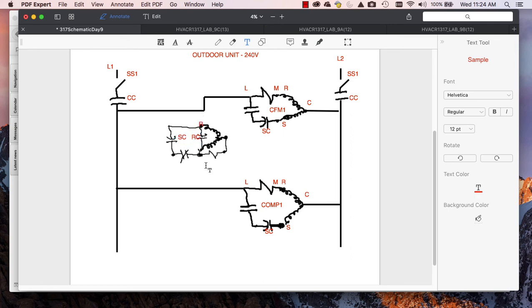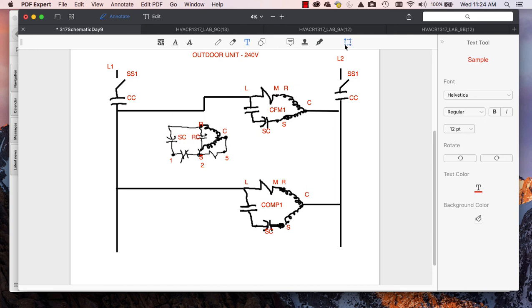That's my run winding. Start. Common. And I'll get that taken care of. Okay, so I have run, common, start, pin 1, 2, and 5. I have my start capacitor. I have my run capacitor.